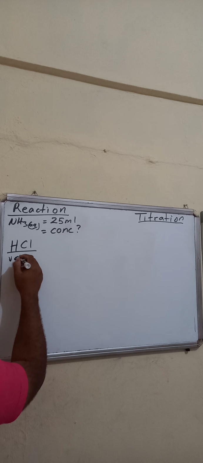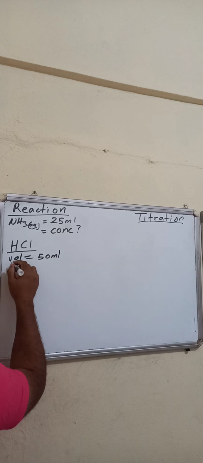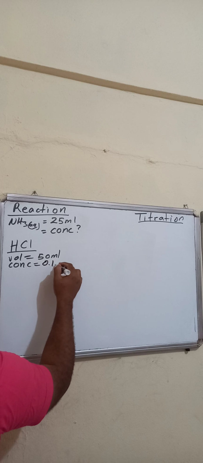We know that for the reaction, we use hydrochloric acid, and for that, the volume is 50 mL, and we have the concentration, which was 0.1 moles per dm³.